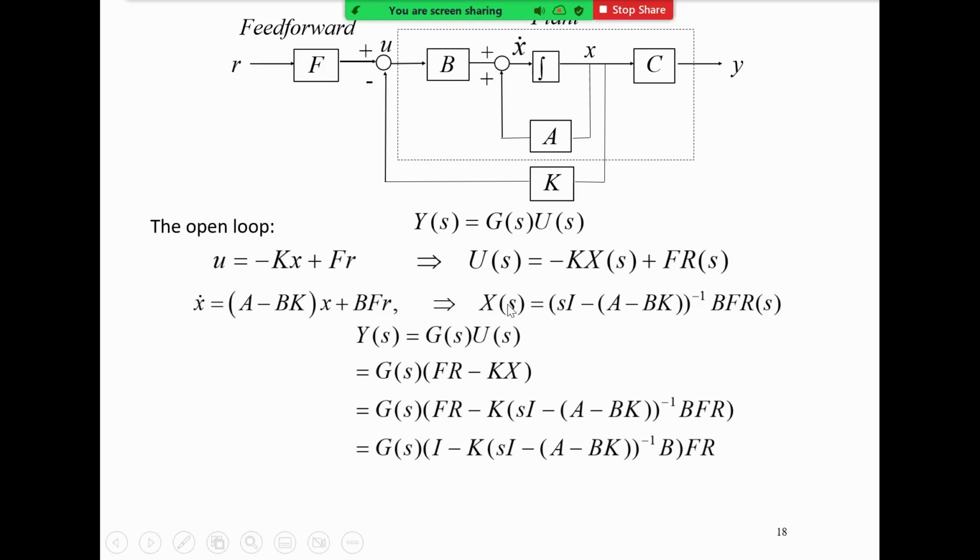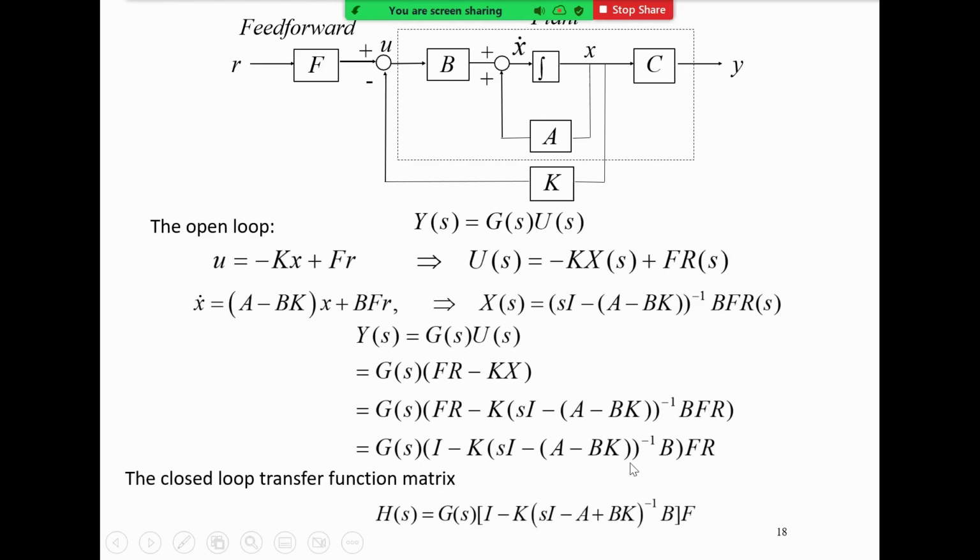Then we plug in the expression of x. We get this form. So finally, this is the expression of the closed loop transfer function. So we say how this closed loop transfer function can be expressed by the open loop transfer function will be in this form.